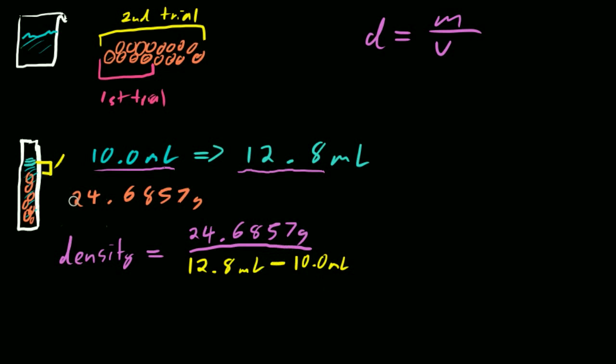So this is going to be 24.6857 grams divided by, what's 12.8 minus 10? Well, it's going to be 2.8 milliliters, right? So 2.8 milliliters.